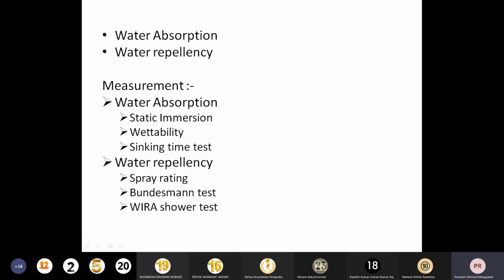So two main things which are very important if we are studying the absorption of water. That is, how much total amount can be absorbed by your material, and another, the speed at which it will absorb.